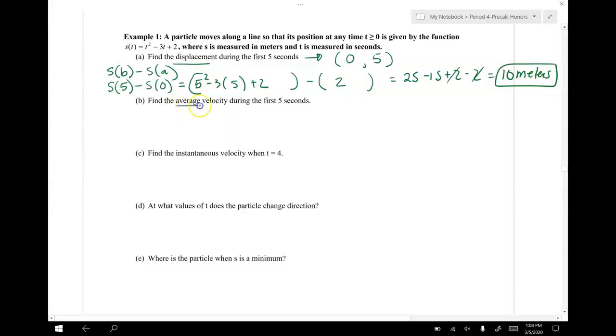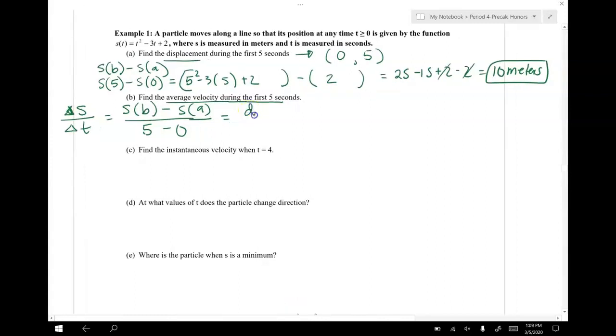B, find the average velocity during the first 5 seconds. Average velocity is delta s divided by delta t. That's the difference in position, s of b minus s of a, over 5 minus 0, because b was 5 and a was 0.